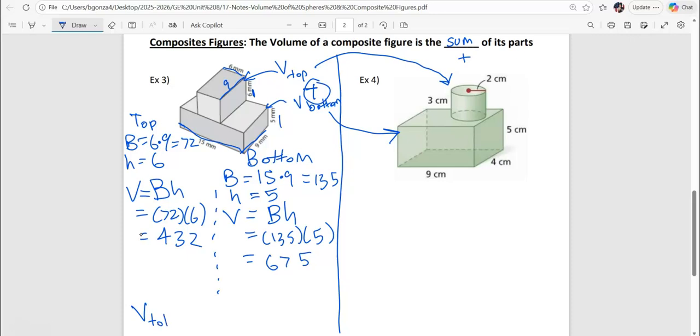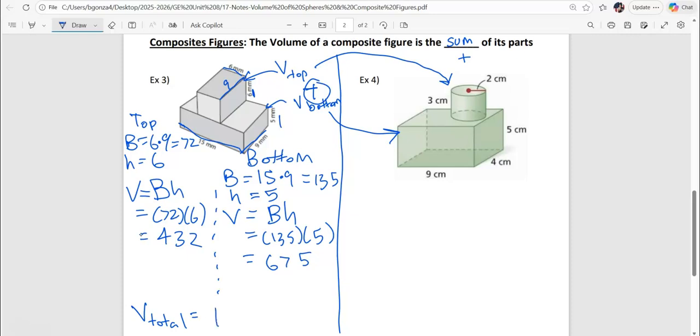So how do I get my total volume? If I find two volumes, how do I find the total? What do I do with those two numbers? Just add them up. That's what composite is. Add up the pieces.